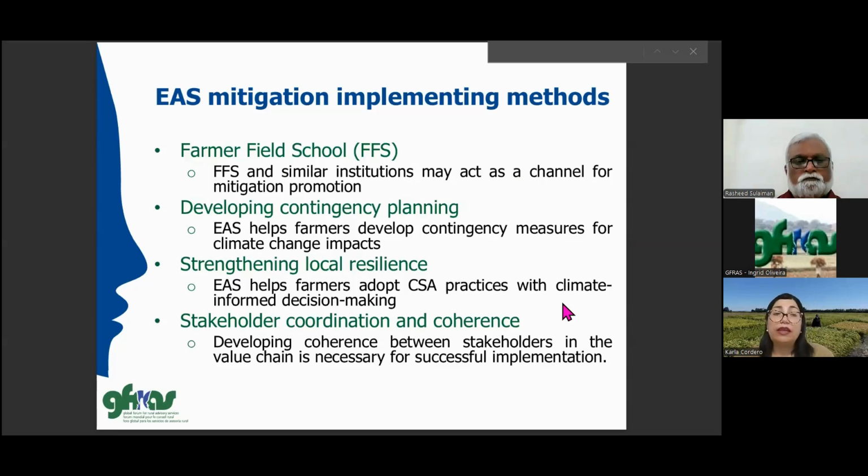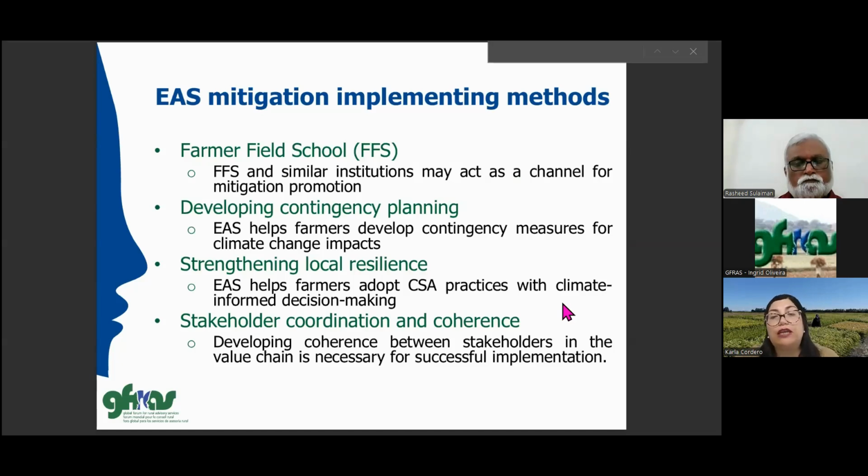So for extension advisory services on mitigation, how can we implement methods? We're going to cover farmer field schools and similar institutions that could act as a channel for mitigation promotion, and developing contingency planning.